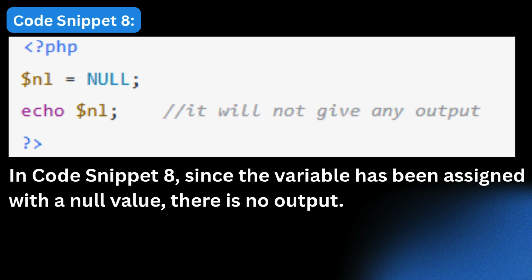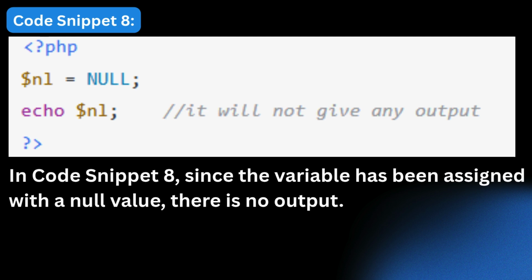Null, on the other hand, means no value at all. The message written below the code explains this perfectly. In code snippet 8, since the variable has been assigned with a null value, there is no output. This is one of the simplest yet most powerful examples of how PHP treats the null data type. It helps programmers handle situations where they might want to clear a variable, reset its data, or prepare it to receive information later in the program.